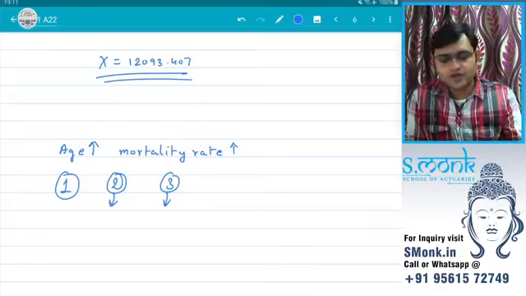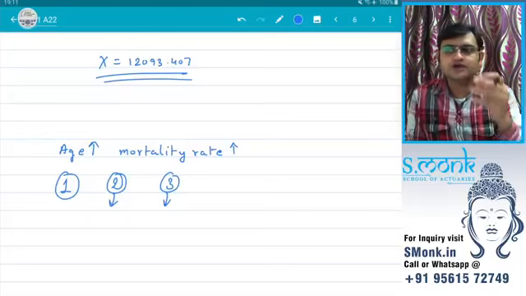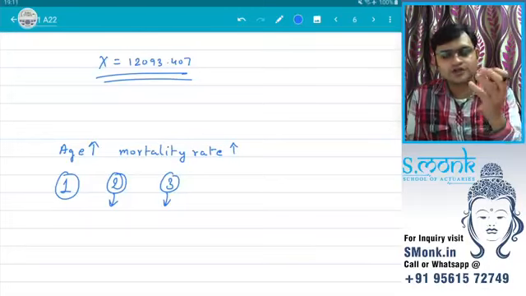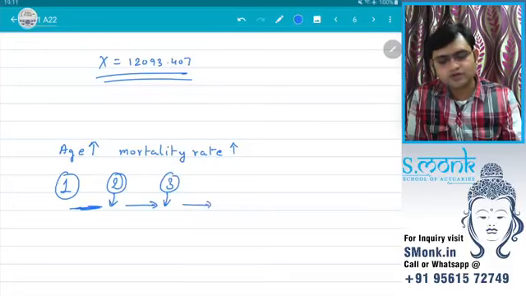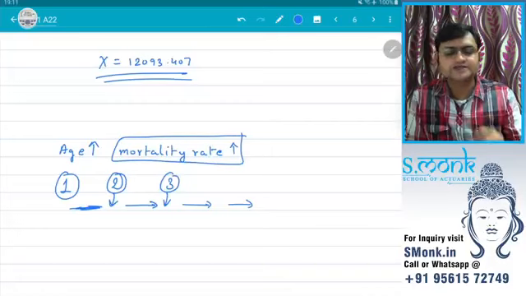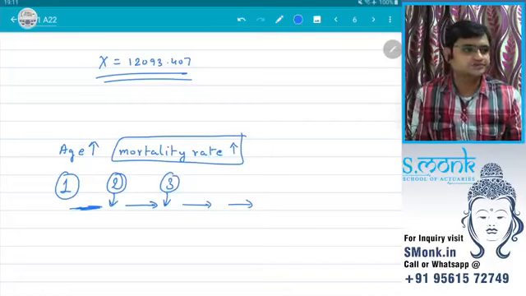So as the policy moves on, the income becomes smaller and smaller, and the expenses start becoming more and more, because fewer people died in the first year, but as we go further, more and more people die in later years, because the mortality rate has increased with age.